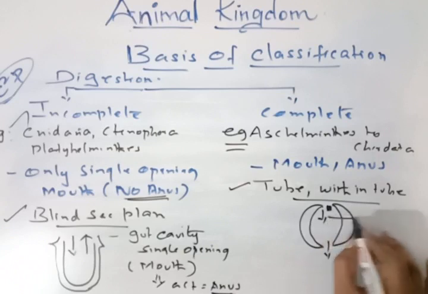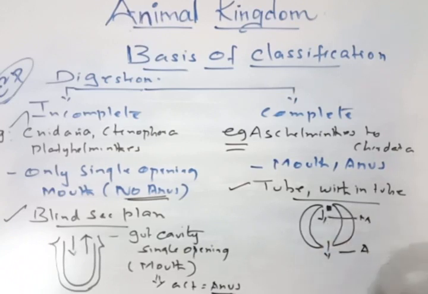So this is the mouth and this is the anus. Two openings. So what is the nature of the gut? The gut is complete. The alimentary canal is complete. Complete means it has two openings, an opening for the mouth and an opening for the anus. Is that clear? So this is the difference between incomplete and complete digestion.